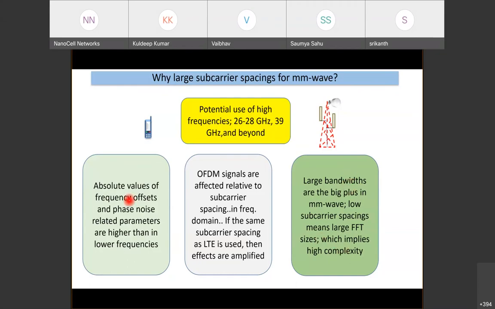Then come RF effects, because the RF electronics at 25 gigahertz or 39 gigahertz, or in the future somewhere around 60 gigahertz, are not going to be as stable as something at 2 gigahertz or 3 gigahertz. Because of this, we also need the flexibility of large subcarrier spacing, so that we can play around with large bandwidth channels in FR2, relatively smaller bandwidth channels in other places, etc.